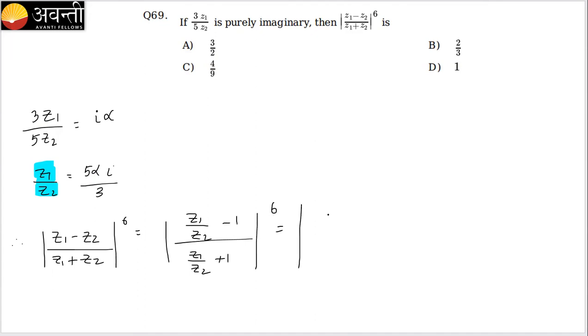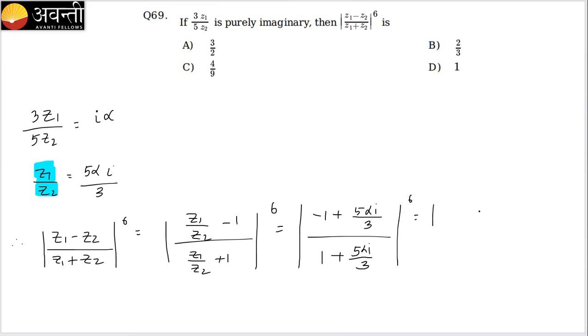What is Z1 upon Z2? It is 5 alpha i upon 3. So if I rearrange, I'll get minus 1 plus 5 alpha i upon 3 upon plus 1 plus 5 alpha i upon 3, raised to 6.